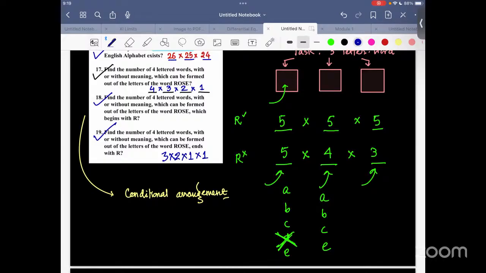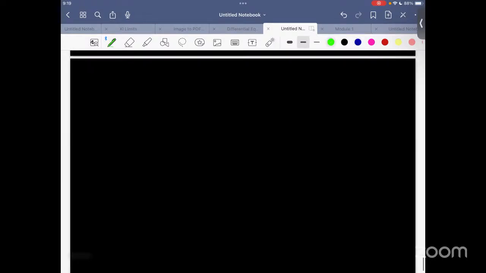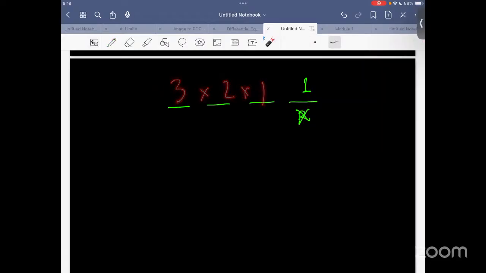You might get a doubt like this: Sir, we are always doing the allocation like this. Suppose this place is occupied by R, it would be gone by 1. We are doing the allocation like this: 3 here, 2 here, 1 here. If I do it this way, who can come here? It would be 3, 2, 1. Will there be any change?